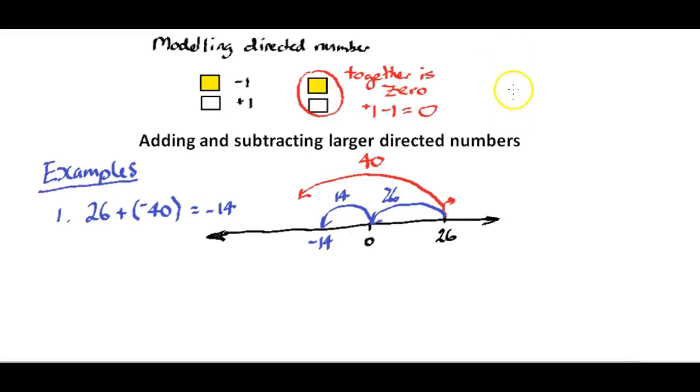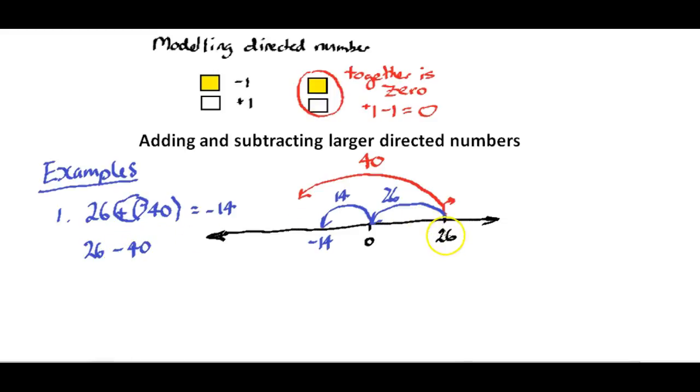Now it's also important to notice something here. When I have add, and then I have to walk backwards, it's basically the same as subtracting. So one of the shortcuts is I could take these two signs here and change them into one, just to subtract.